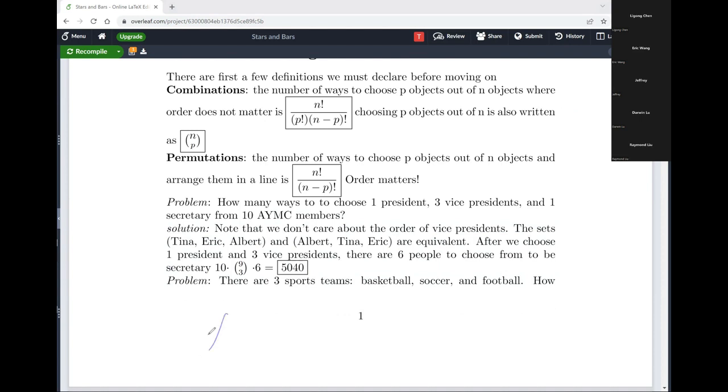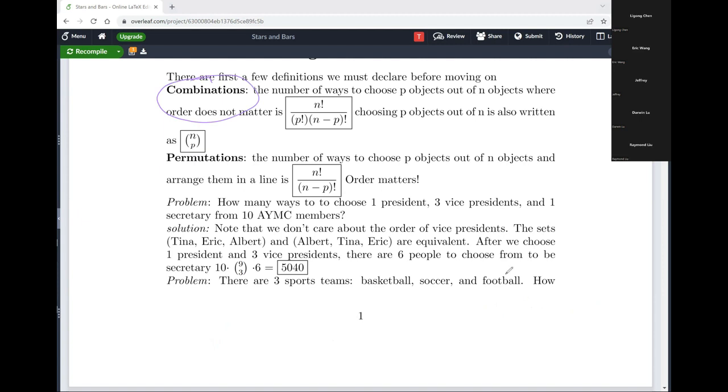Say I have 4 things, A, B, C, D. If I choose 2 things, that means choosing A, B is equivalent to choosing B, A. So order doesn't really matter. That means we're doing combinations.